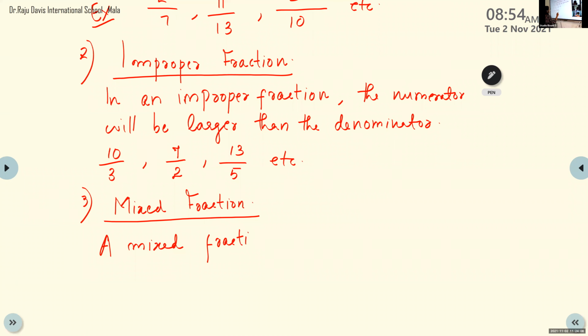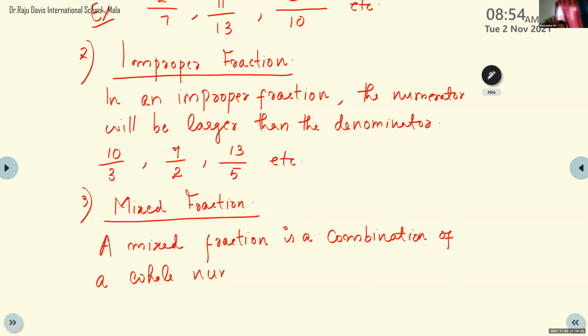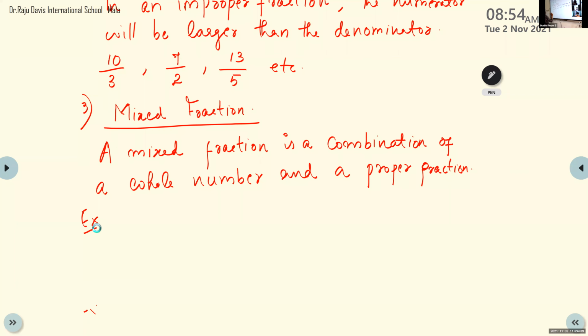A mixed fraction is a combination of a whole number and a proper fraction, like 2 and 3/5.